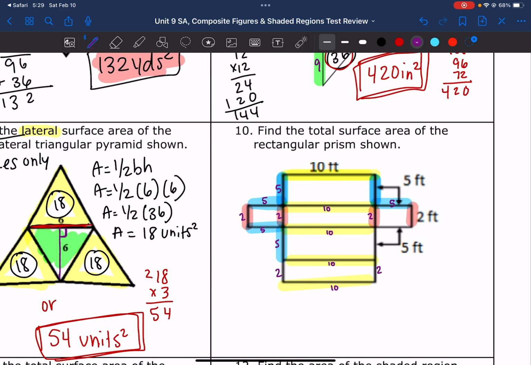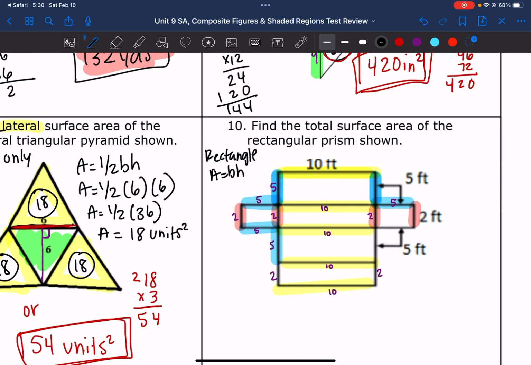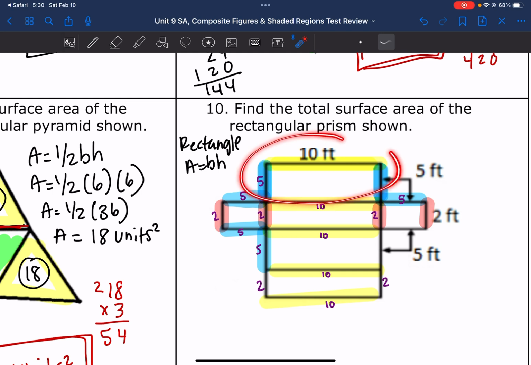Let's go ahead and start solving, okay? Remember, the formula for a rectangle is going to be area is equal to base times height, okay? So that means that this one right here, again, we've said it before, it's going to be 10 times 5, which is going to be 50, okay?